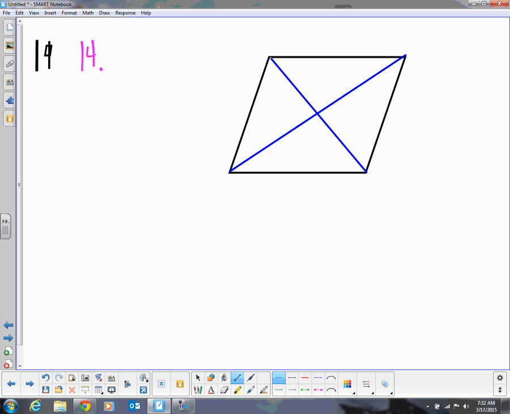So what happened to these diagonals? Right, so if this is equal to this, agreed? Now, they told us in this picture that this is equal to that. So what do we know about this segment up here?